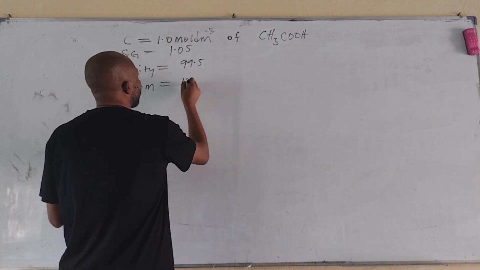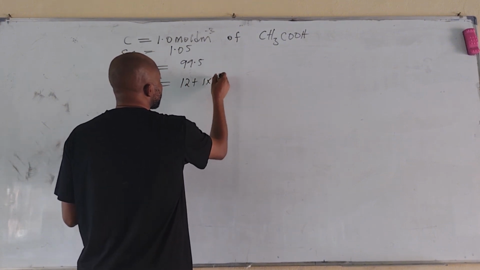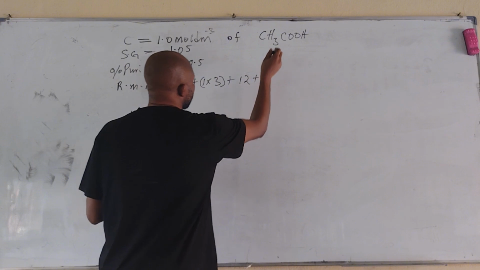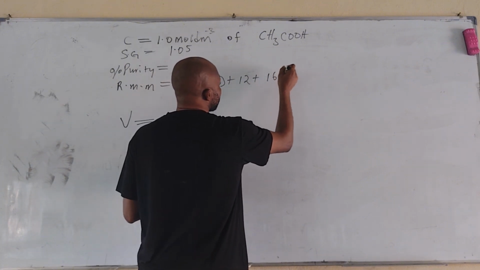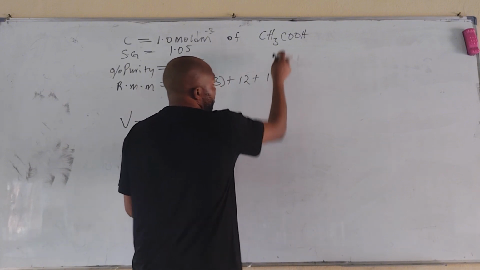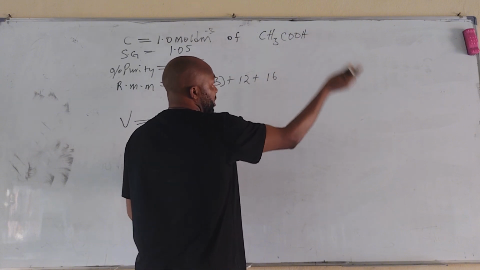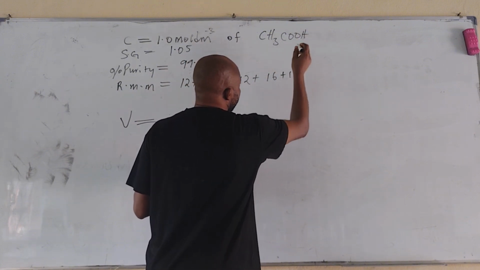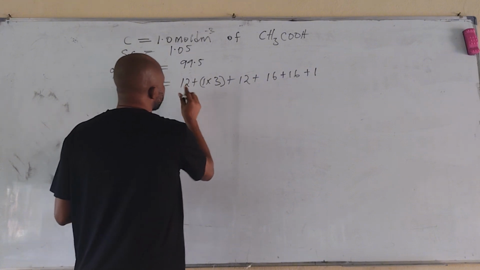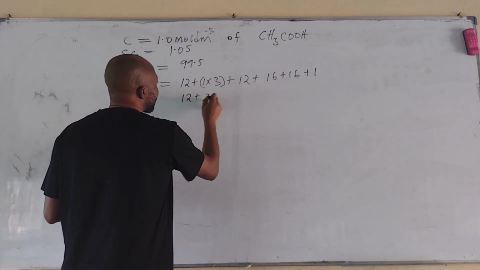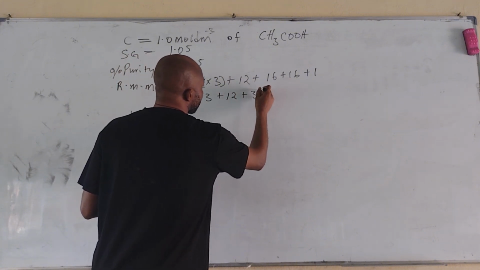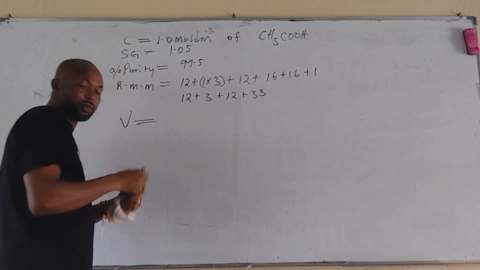Carbon is 12, plus hydrogen is 1 times 3, plus carbon again is 12, plus oxygen 16 times 2, because there are 2 of them, or 16 plus 16, then plus hydrogen, which is 1. So this is 12 plus 3 plus 12 plus 32 plus 1, that's 60.